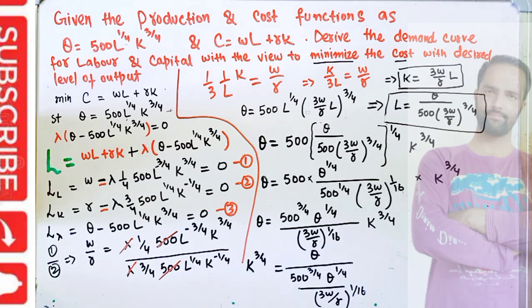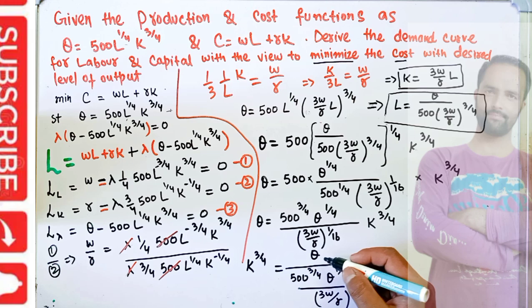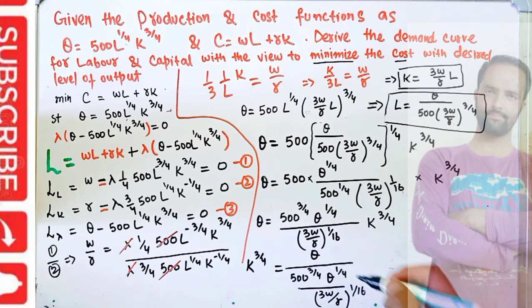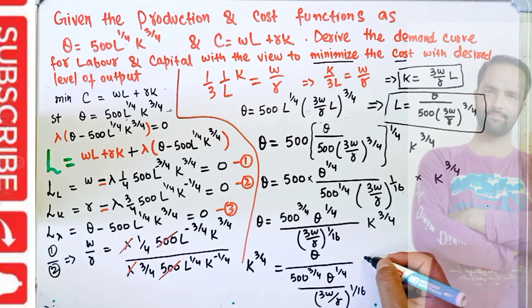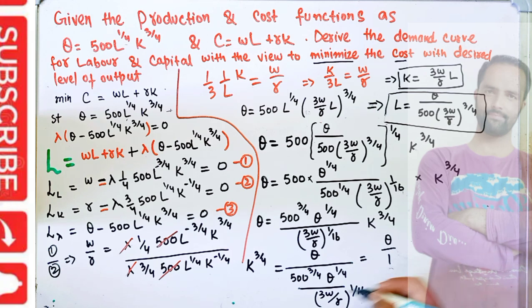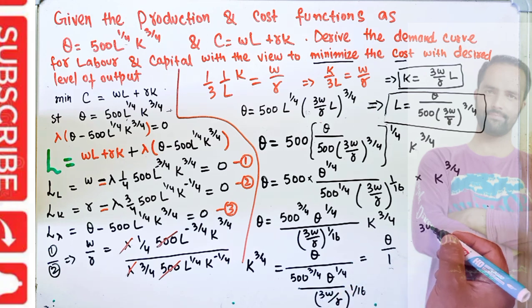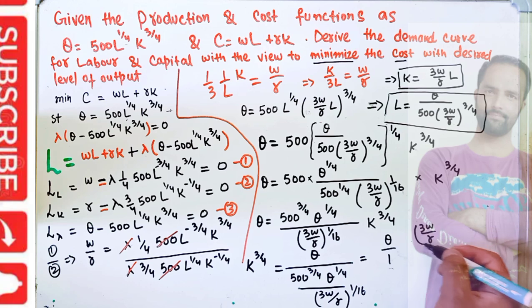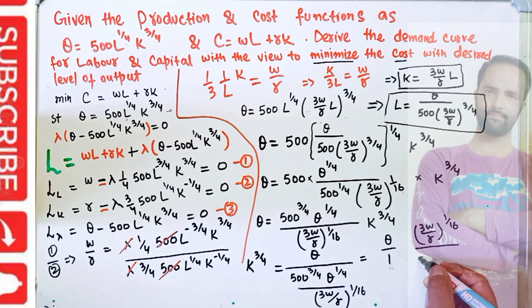Here we can do one thing. If I transpose this again, we have like this, Q, which will be equal to, let me write it here, Q upon 1. Transposing this term here, we have (3W/R)^(1/16) divided by 500^(3/4) into Q^(1/4). It is a simple step I have used here.